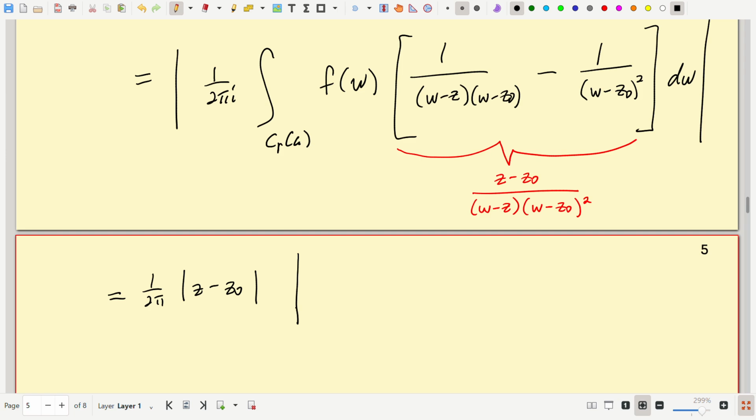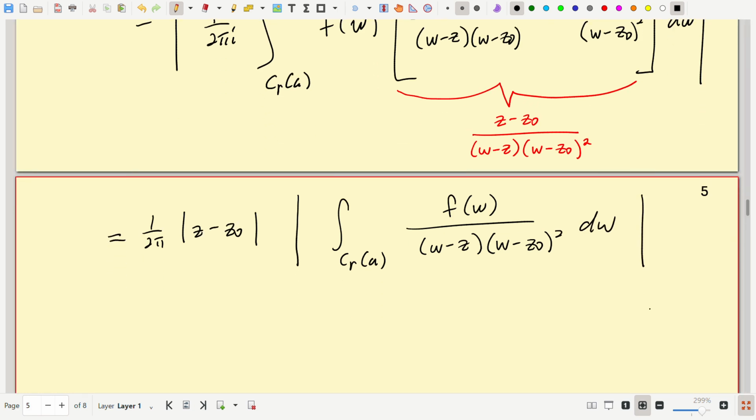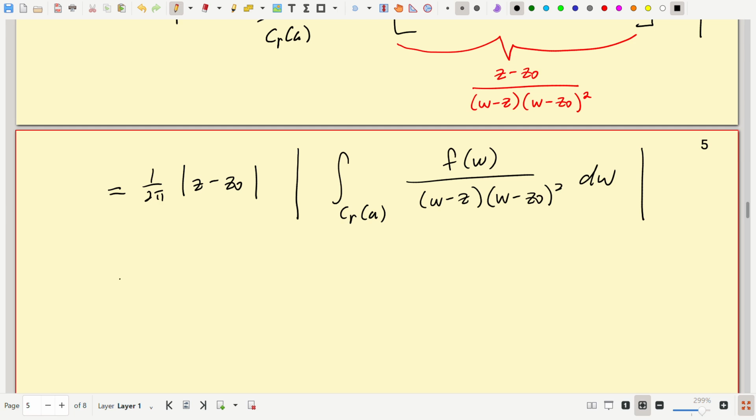I took the modulus. And then I got the modulus of the integral of something I can bound very easily. And so that's going to be less than or equal to 1 over 2 pi times the modulus of z minus z naught, times the maximum modulus of f on the circle.